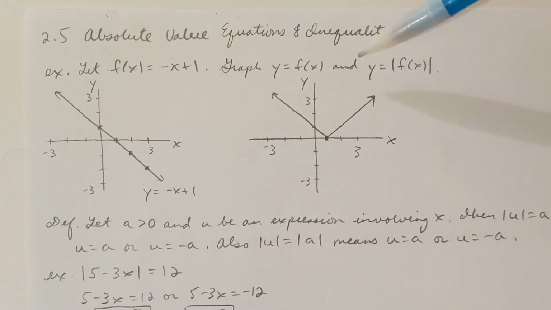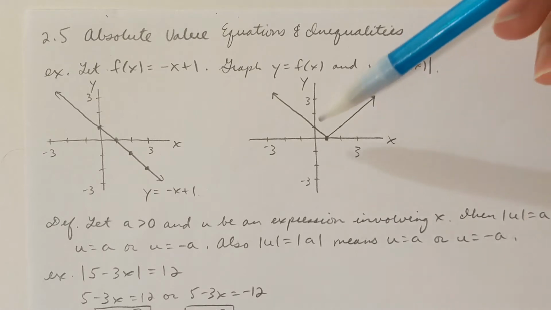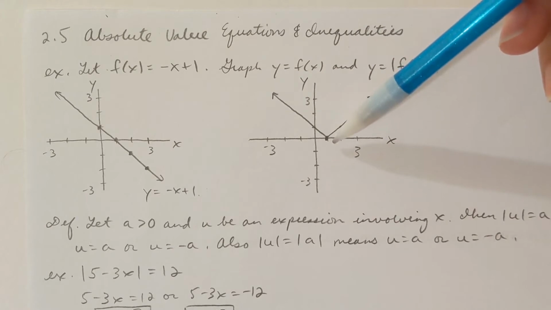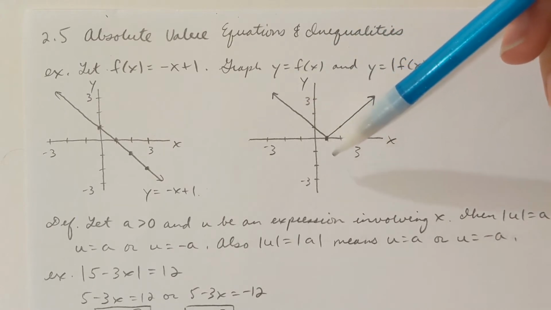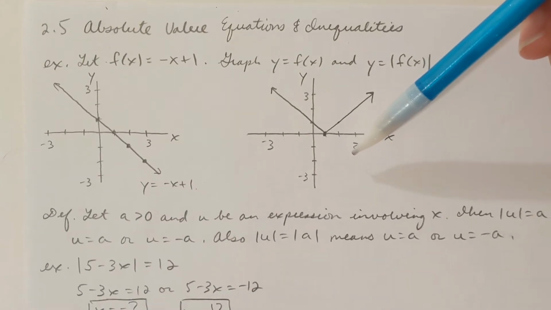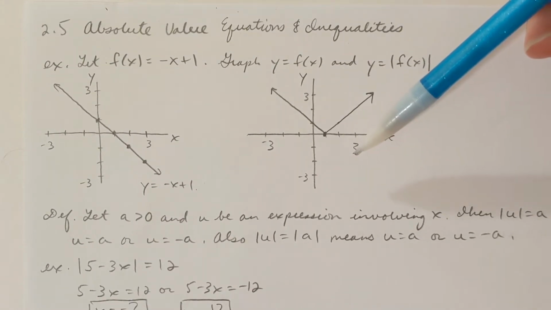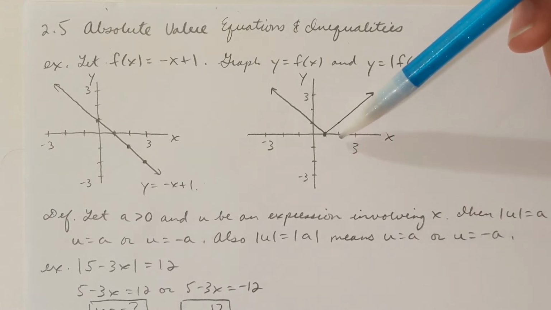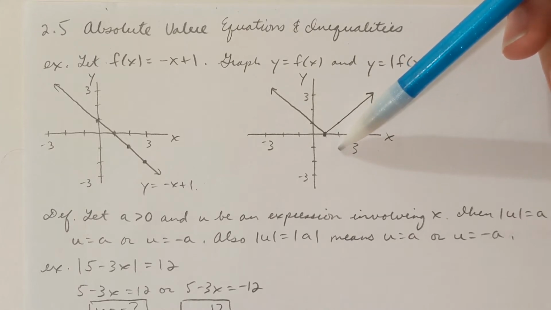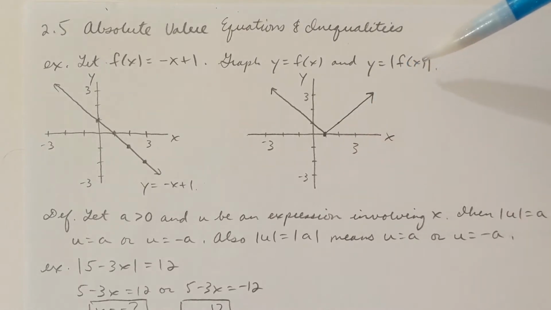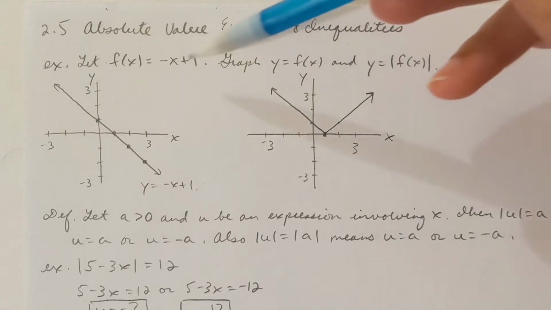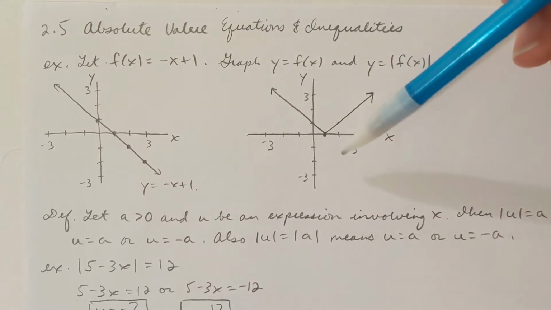So when we graph y equals the absolute value of f of x, we would start by doing the same thing. We graph our line with a slope of negative 1, and let's take a look at what happens with the y values being negative numbers. So when x is 2, negative 2 plus 1 is negative 1.